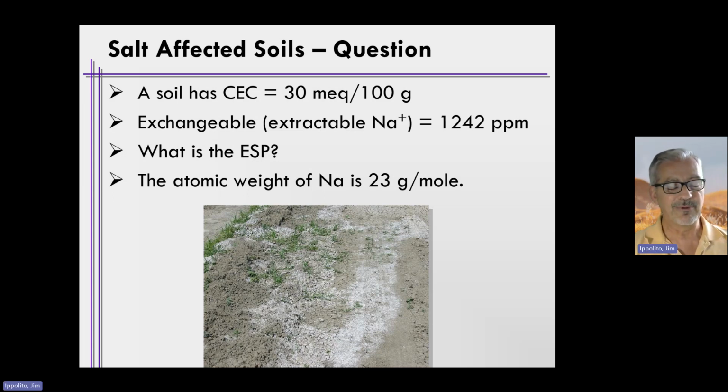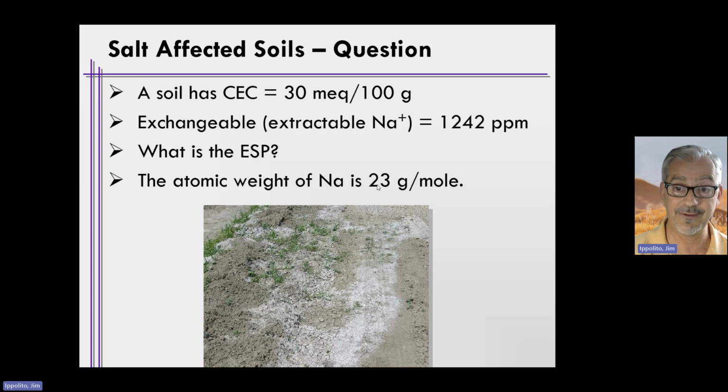So you've got to remember how we did these sorts of calculations for CEC back in the cation exchange capacity unit. We convert parts per million, or milligrams per kilogram, using the atomic weight of the element, and in this case, sodium.